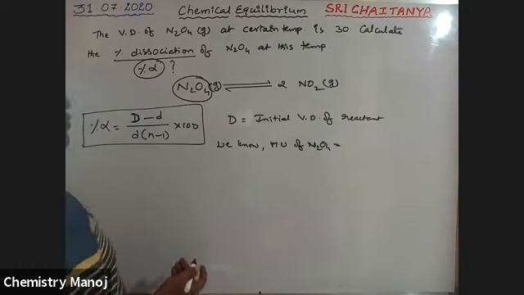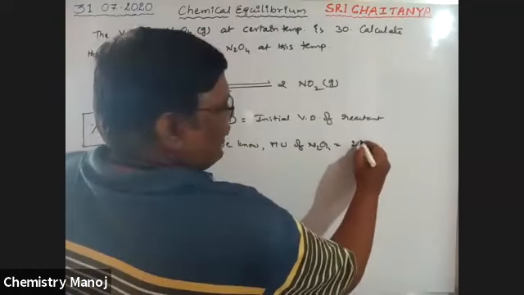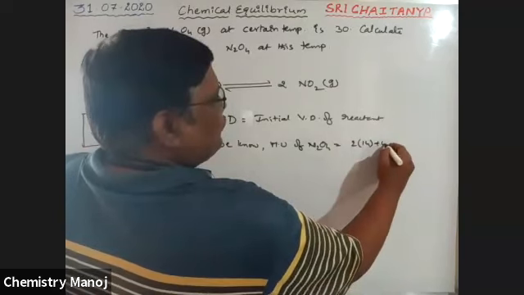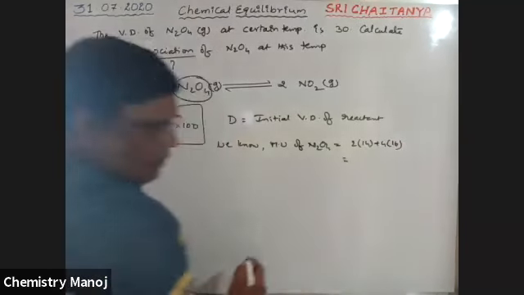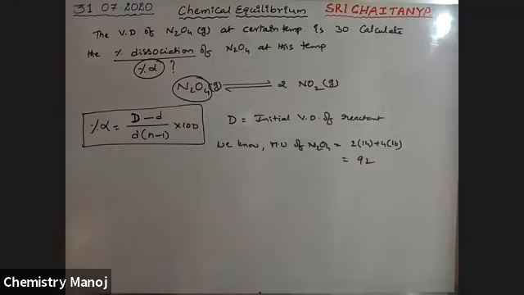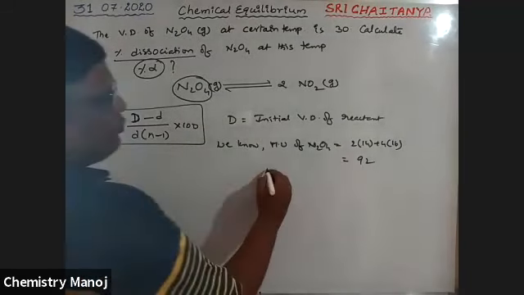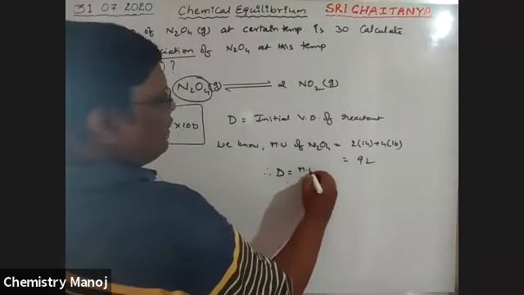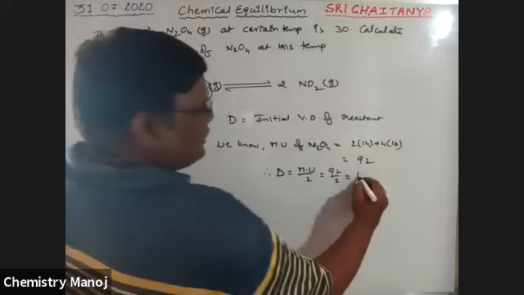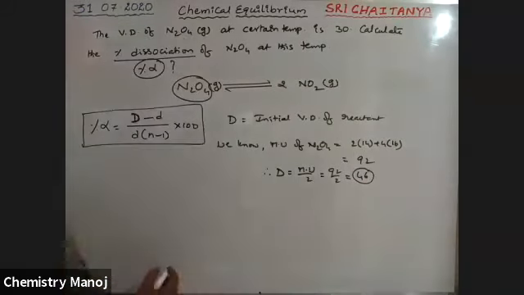How much is it? 2 into nitrogen, that is 14, plus 4 into oxygen 16. Now we have the weight, it is 92. 92 is the molecular weight. Therefore, capital D is equal to molecular weight by 2, that is 92 by 2, which is equal to 46. So initially only this one is considered.